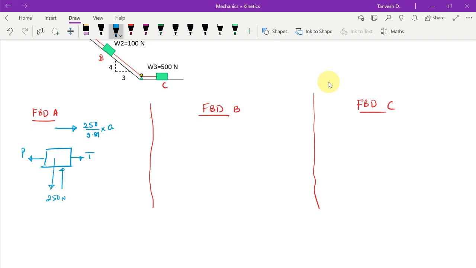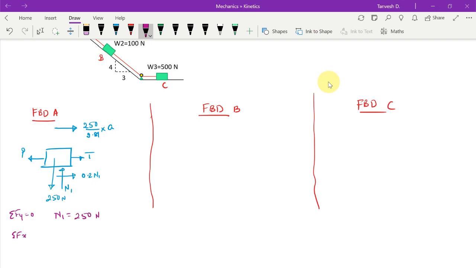Then there is this normal, let's say it is N1, and since the movement is happening in this direction, the friction will be like this, which is 0.2 times N1, right? So let us just apply the summation Fy and summation Fx equals to 0. Summation Fy equals to 0 will give you N1 is equal to 250 newtons.